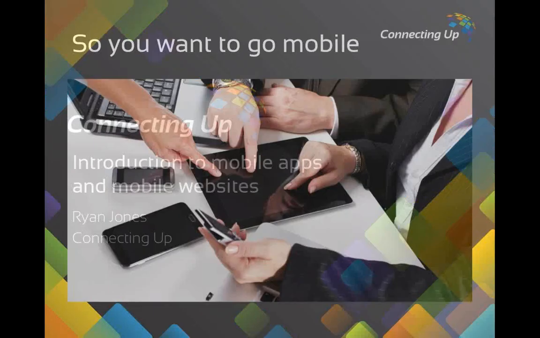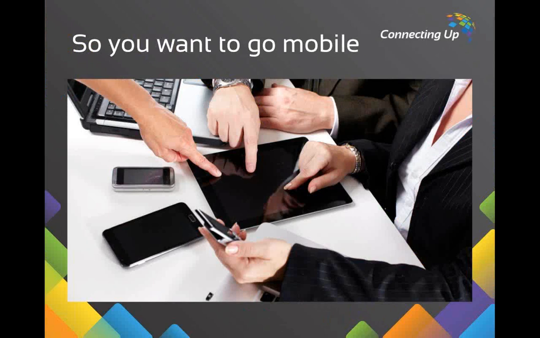So to start with, you want to go mobile. You wouldn't be here if you didn't. But why wouldn't you want to go mobile? There are now over 10 million smartphones in Australia, so almost half the population have a smartphone. In New Zealand, it's a similar situation where smartphones make up 45% of the phone market.